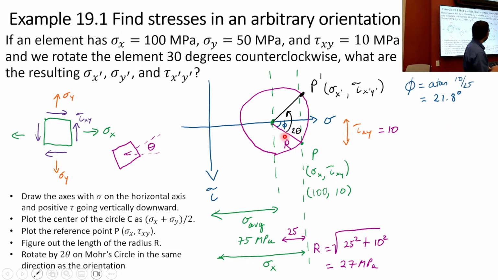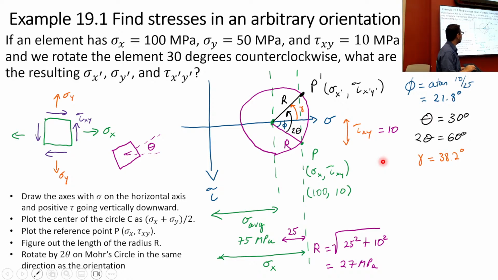That tells us how many degrees we have to go here. So that's 21.8 degrees. And how many more degrees do we have to go? Well, we have to go 60 degrees. So 60 minus 21.8 is about 38.2 or something like that. Did I do it right? Okay. So we use the 2 theta, and then we go 38.2 degrees up.